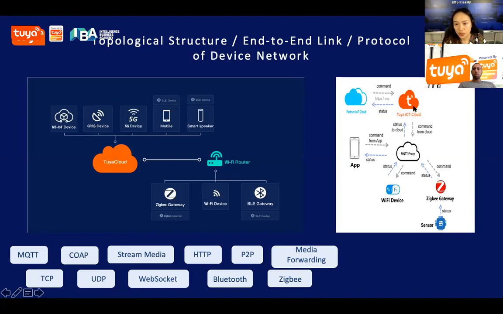And you can use HTTPS to get your device state to your partner. Here is the structure. From this path, it's the local network control, and this is a LAN network.